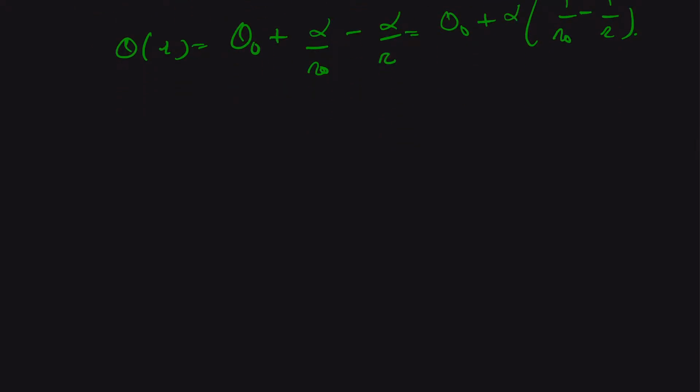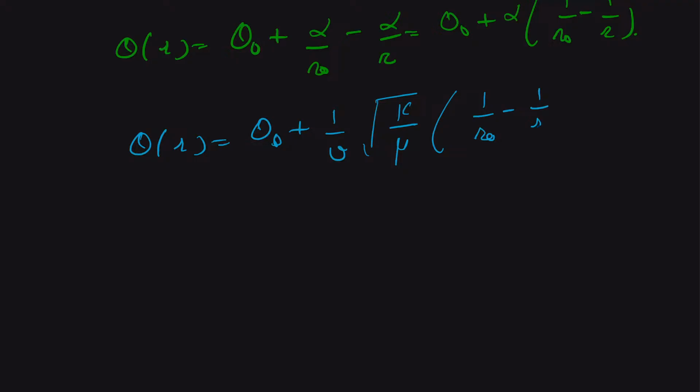So finally we get theta of r is equal to theta naught plus 1 upon v square root of k upon mu times 1 upon r naught minus 1 upon r.